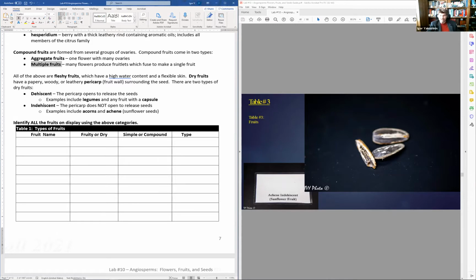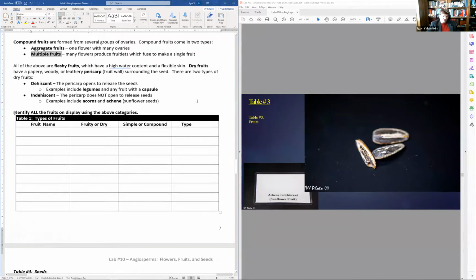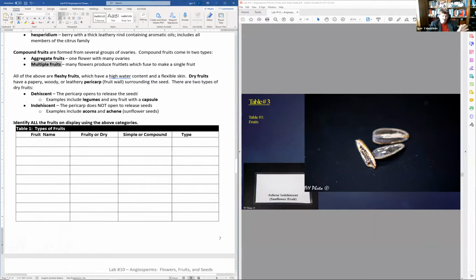So another indehiscent. You don't really have to worry about the samara or any of those, or the capsules. As long as you see it dry, dehiscent or indehiscent. Is it opened up, or does it stay closed? If it stays closed, it's indehiscent.